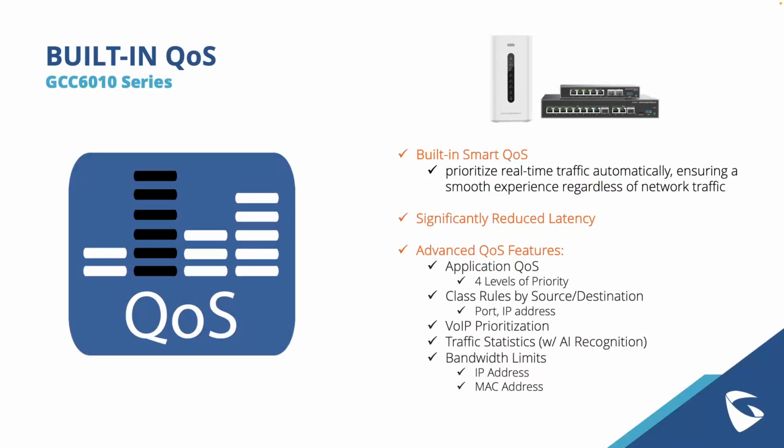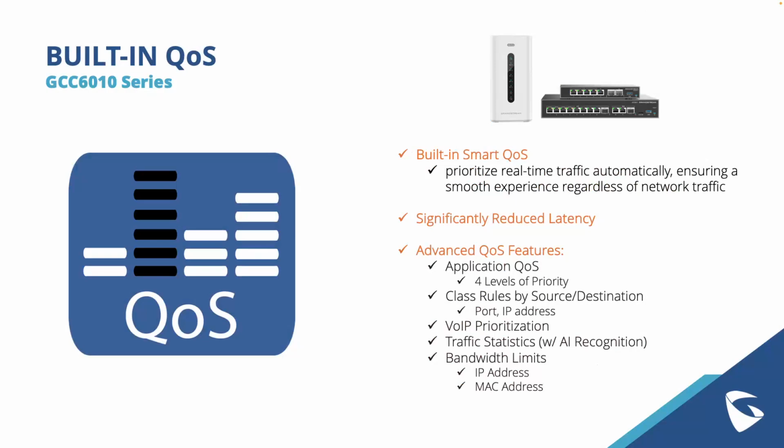By integrating the networking and the IP-PBX functionality, the GCC series is going to significantly reduce latency and provide a smart QoS engine. This is going to offer you more control over the usage of bandwidth, and it's going to ensure that all application services aren't being affected by the amount of traffic being exchanged.